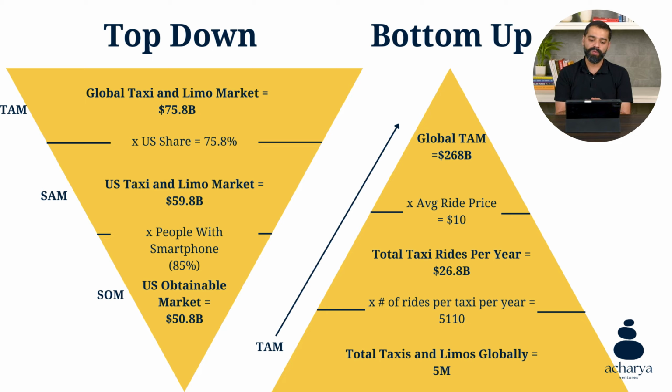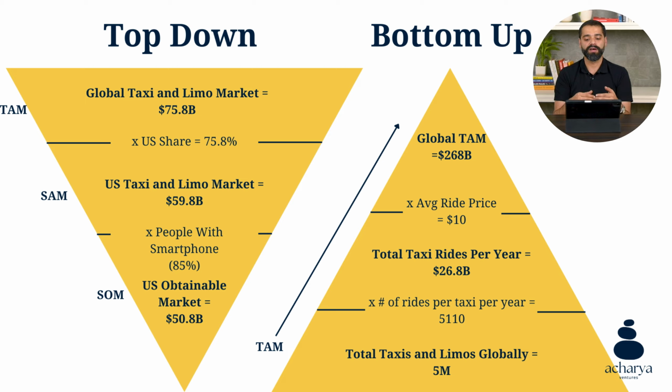Okay, so when we start with the bottom-up approach, the first thing that Uber did was estimate the total taxis and limousines globally, which was a number around 5 million. Then they estimated the number of rides that every taxi had per year, which gave them total taxi rides per year, and a market size of 26.8 billion. They multiplied that with the average price of a ride, giving them a number of 268 billion as a total addressable market.